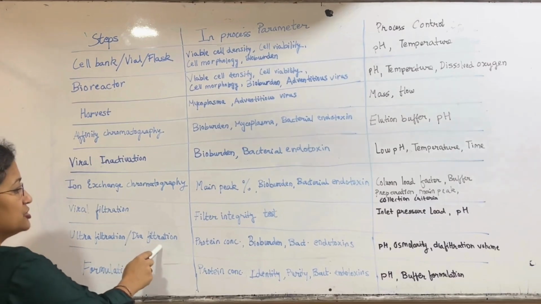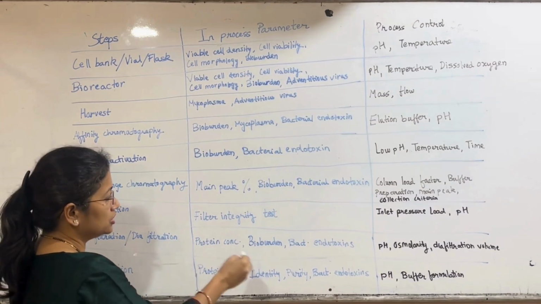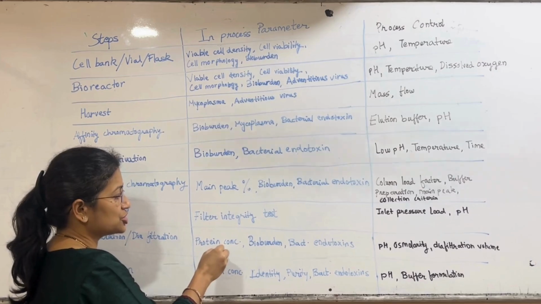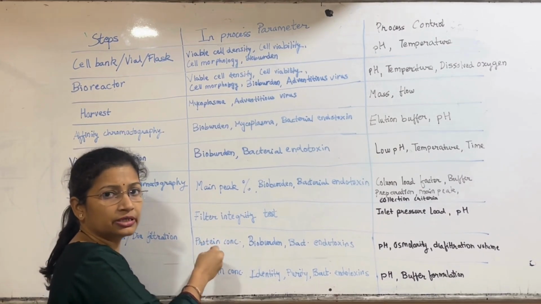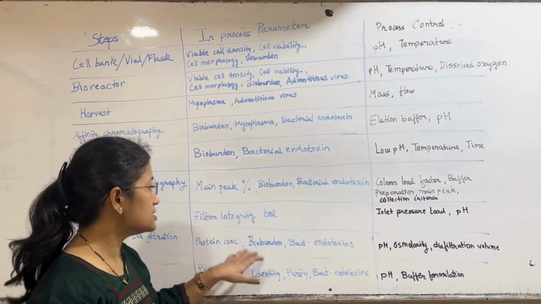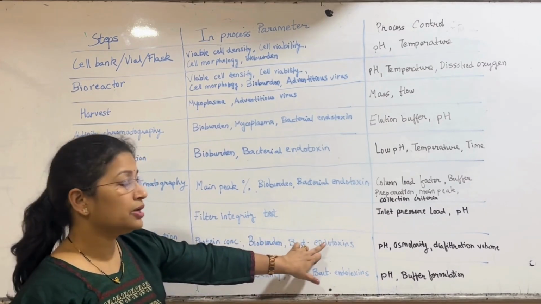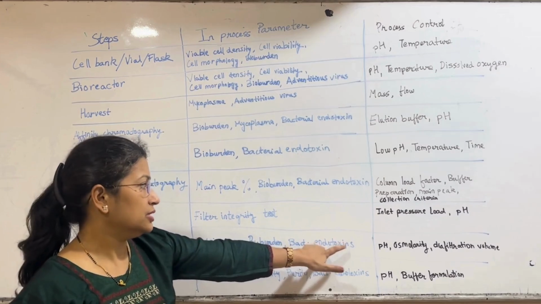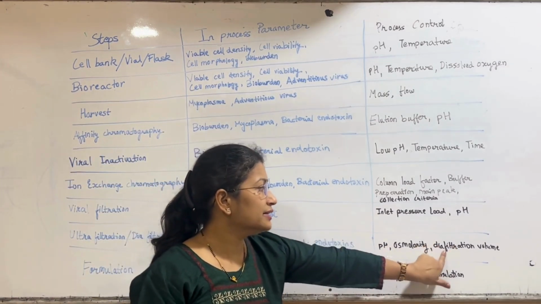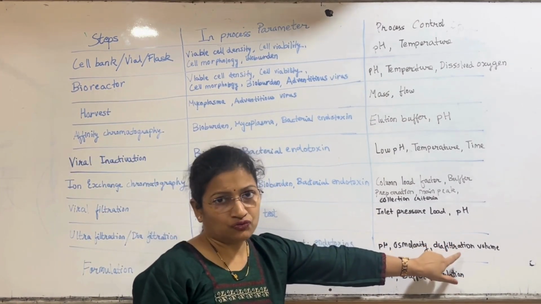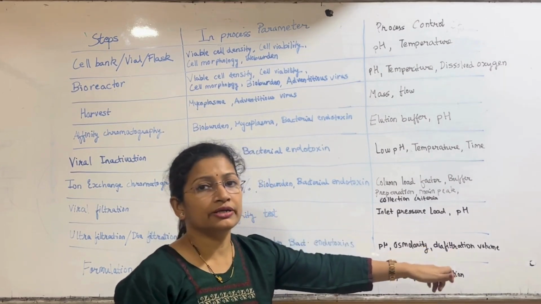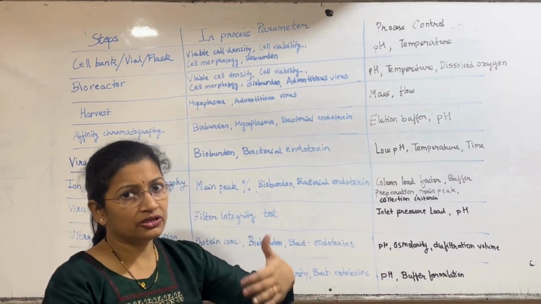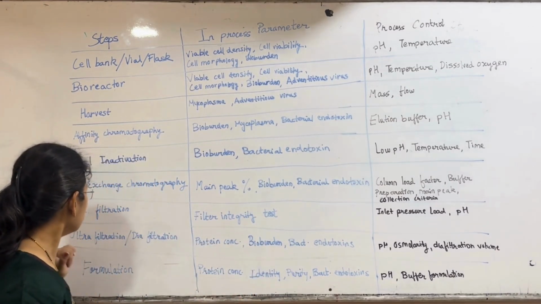Ultrafiltration and diafiltration. Over here it will be protein concentration, and this is nothing but the protein of our interest. Protein concentration, bioburden and bacterial endotoxin. pH, osmolarity and diafiltration volume, because volume also determines the quality of the filtration.